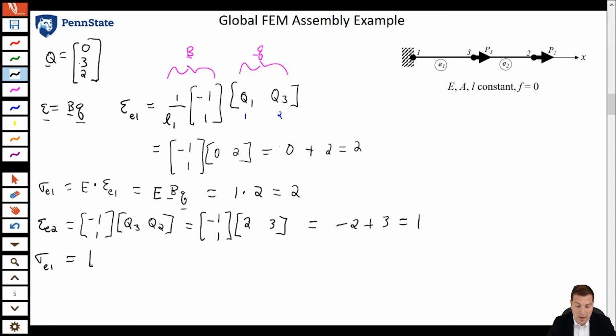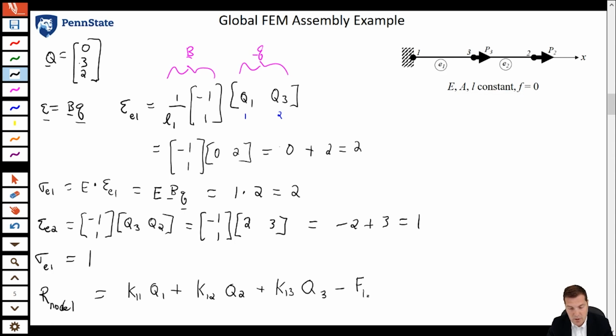Okay. Now we can also do, if you remember, at the last part of the lecture we talked about reaction forces. So we use the equation that was eliminated, basically the one equation that we eliminated corresponding to the node 1 position. We can use that to compute the reaction force at node 1. So R at node 1 is going to be equal to K11 Q1 plus K12 times Q2 plus K13 Q3 minus F1.